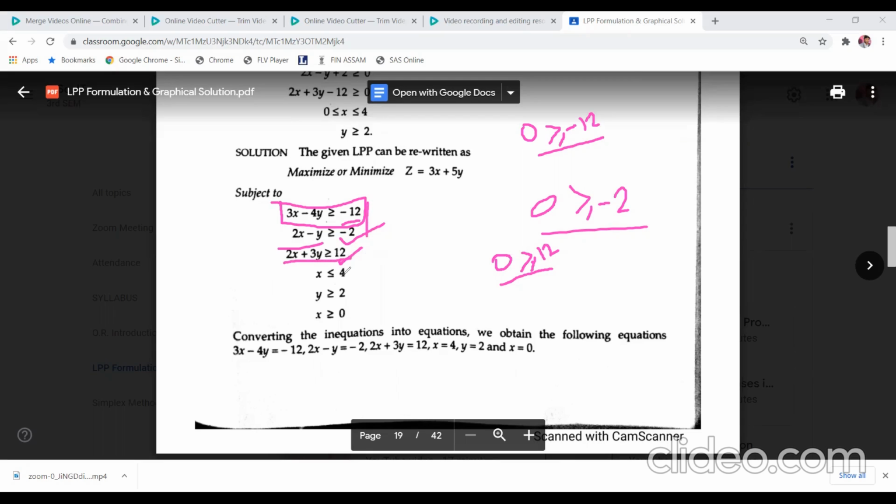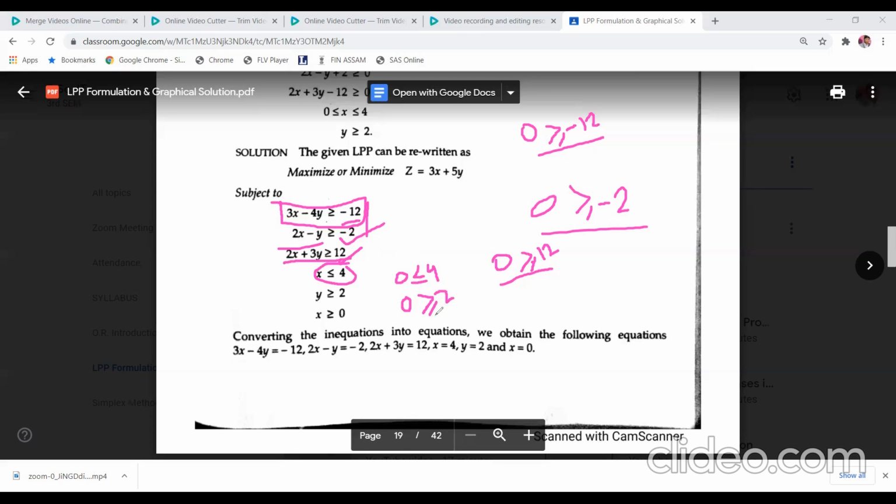Next, if you put x equal to 0 here, so 0 is less than or equal to 4. So in the solution region of this line, the origin will be there. And the next one is y greater than or equal to 2. That means if you put 0, then 0 greater than or equal to 2.